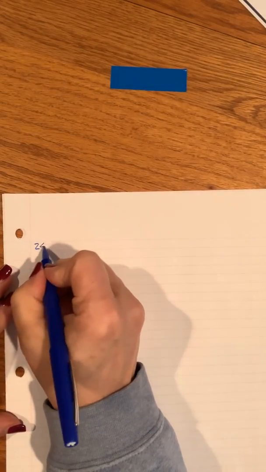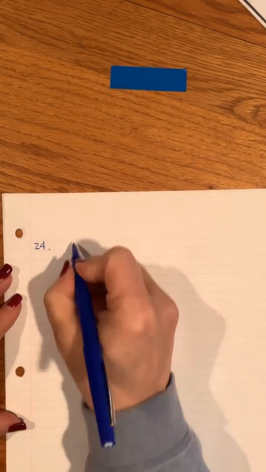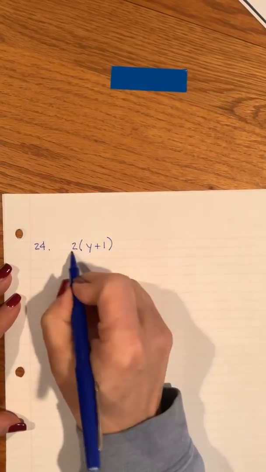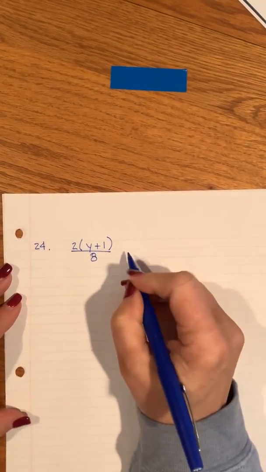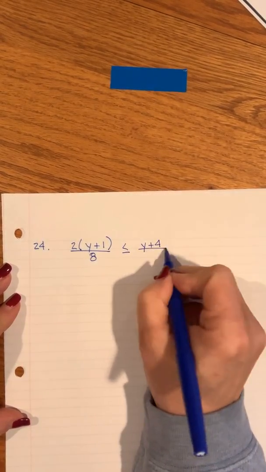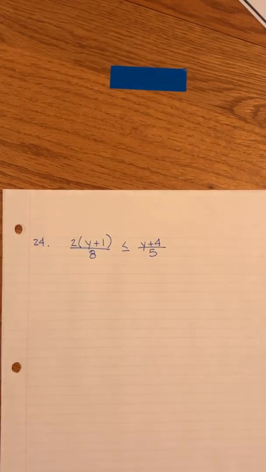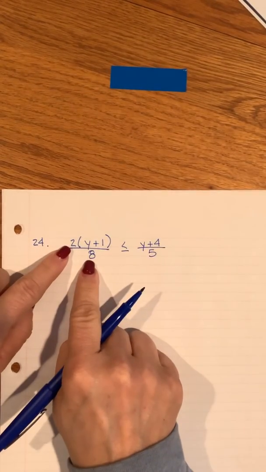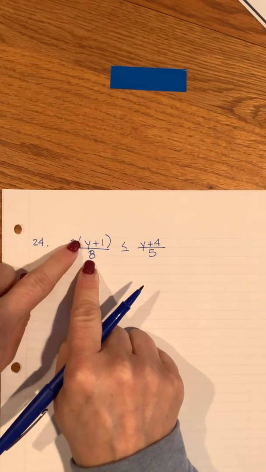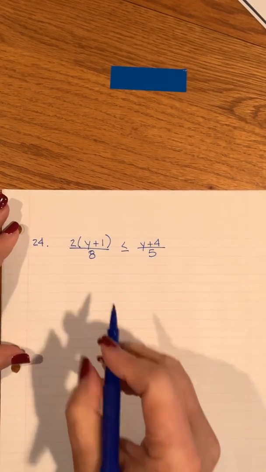Number 24, that's kind of a long one, and it has the denominators that you're going to want to get rid of. You can reduce this to a 1 and a 4 first because this is being multiplied on the outside.